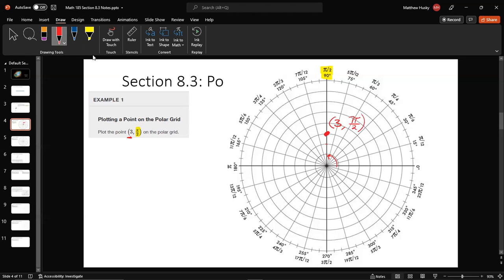So when graphing polar coordinates, the r tells you the length of the radius. It's how far you're going to move from the pole. But before you do that, what you probably want to do is look at the angle theta that is provided to you. And then based on the angle, that'll sort of tell you what direction you're headed. And then once you know the direction you're heading, you can then move however far you are supposed to based off of the radius.